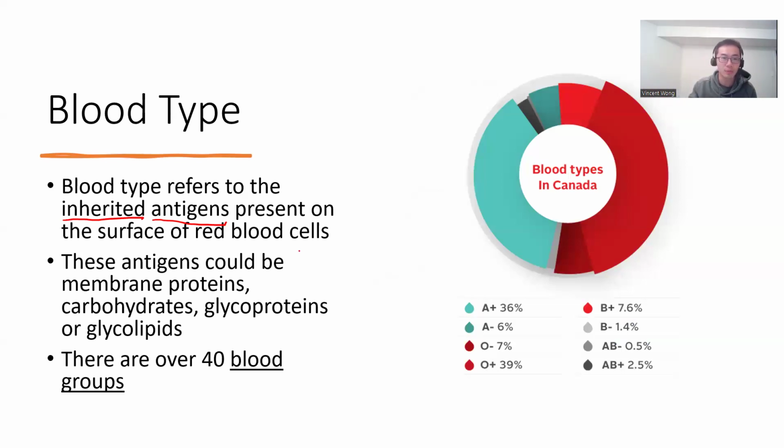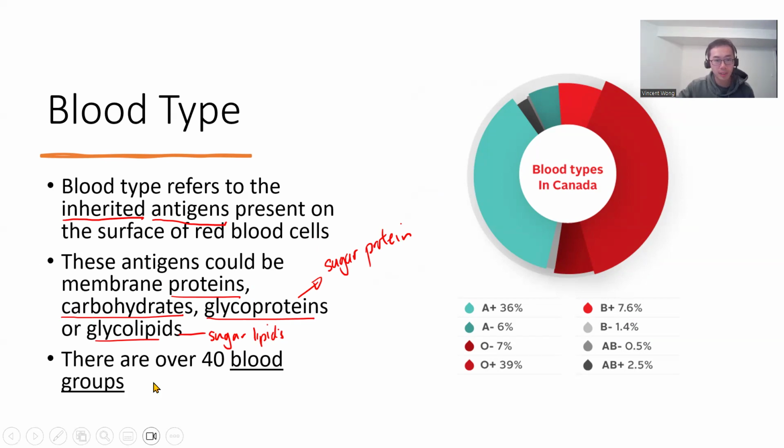These antigens could be proteins on the membrane. It could be carbohydrates. Glycoprotein is like sugar protein, right? Sugar protein. Glycolipids would be like sugar lipids. And collectively, there are over 40 different types of blood group.